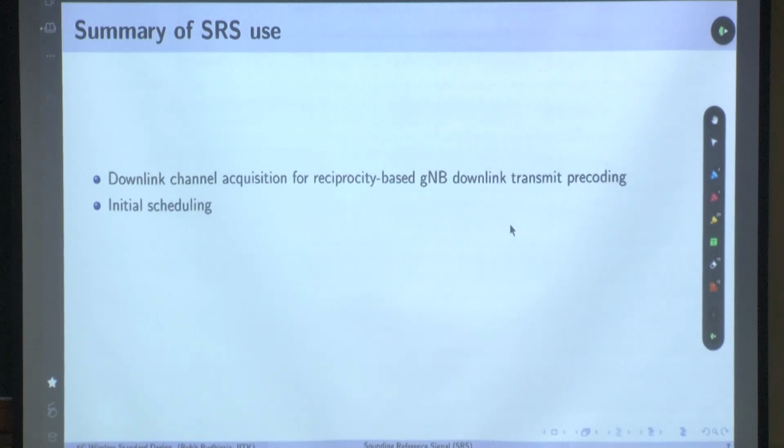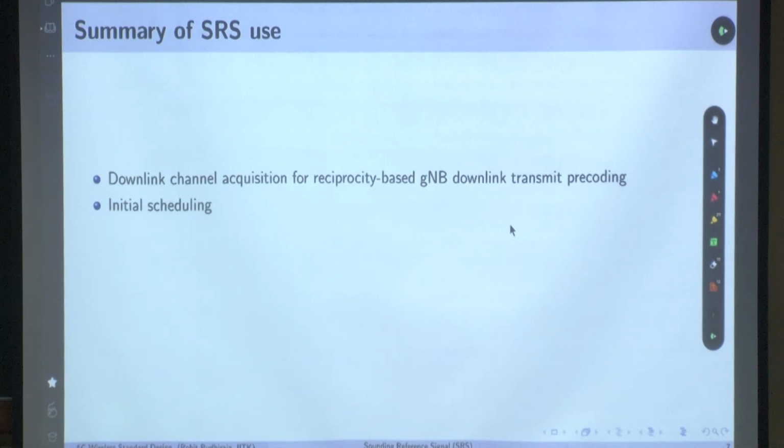Initial scheduling. The user enters the network, and the base station does not know its channel. It's a 100 megahertz wide channel, and each user will have a different channel. Now the base station has to find out how this particular user's channel, who has just entered the network, looks.